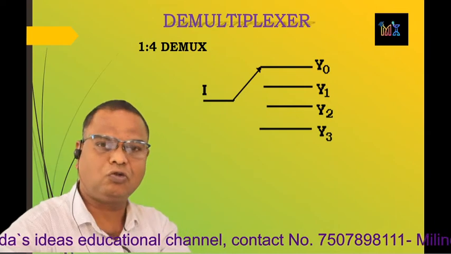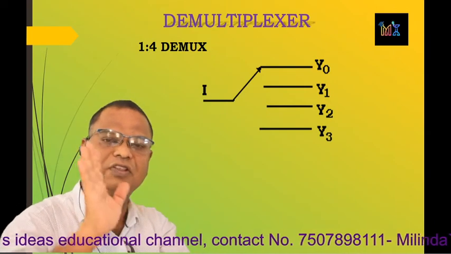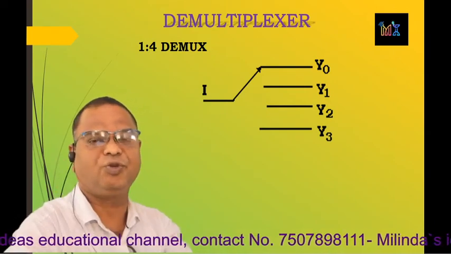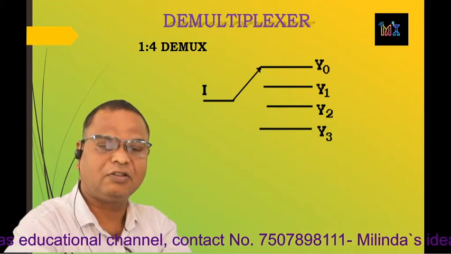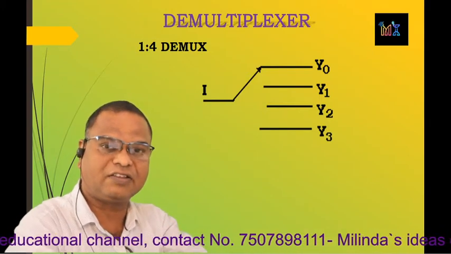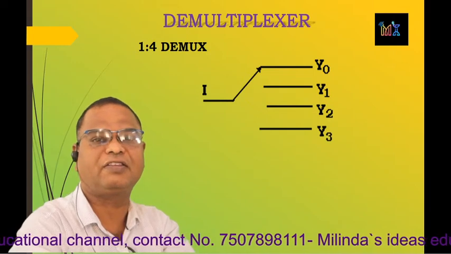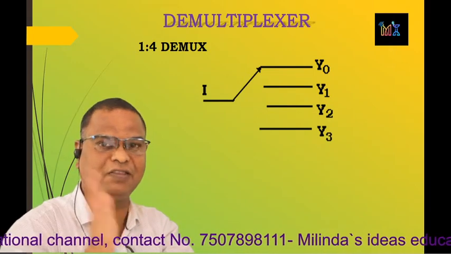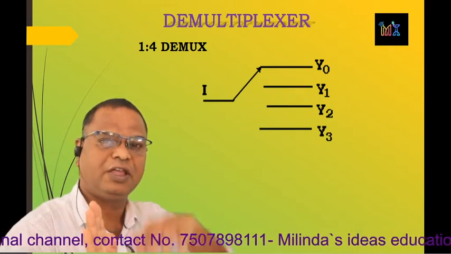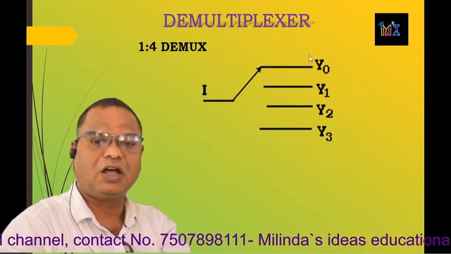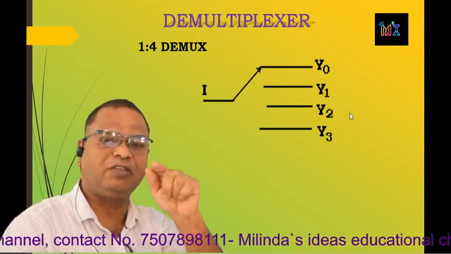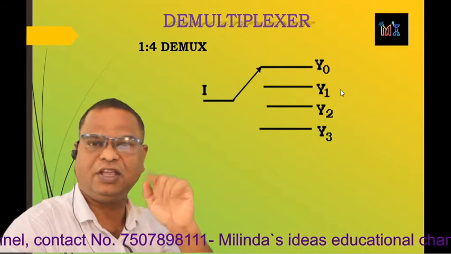In this case also, for the 1 to 4 demux, the same SP 4-way switch may be used. But in this case, the input signal that is connected to one of the output terminals is connected to the pole. SP, single pole, is connected to the pole terminal. And the 4 ways are considered as output terminals y0, y1, y2 and y3 respectively.